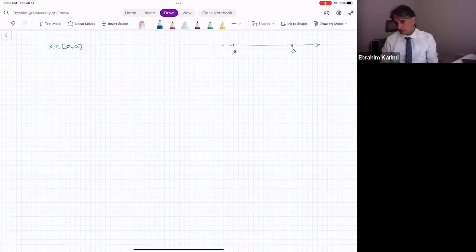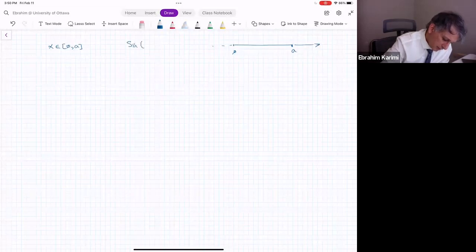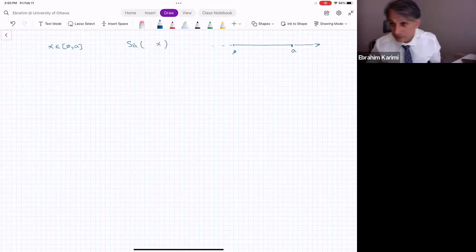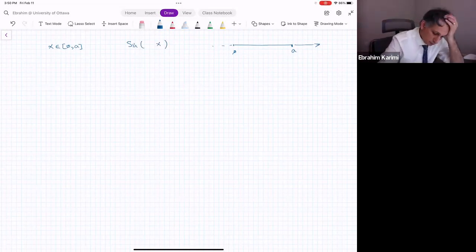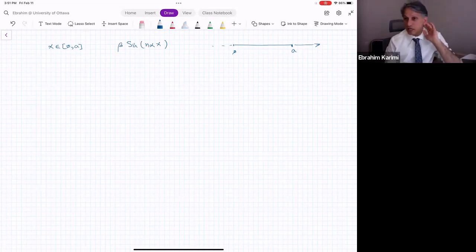So I have a sine of something of x, n alpha x. Let's put a coefficient of beta at the front and see whether this function can be made such that they are orthogonal to each other and also normalized.